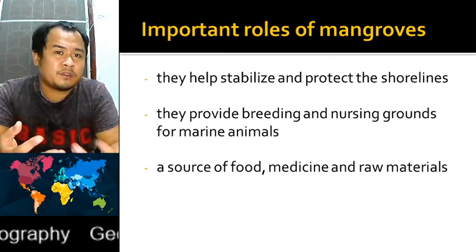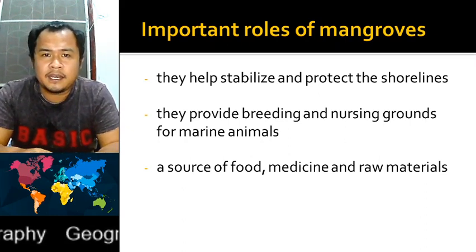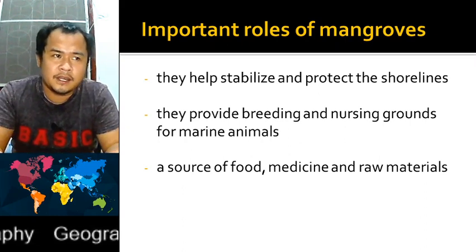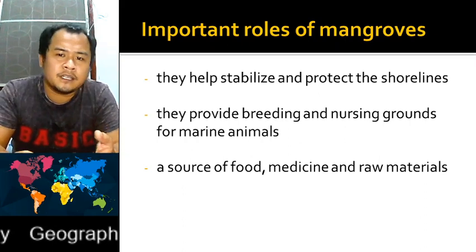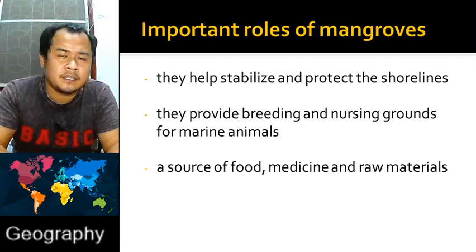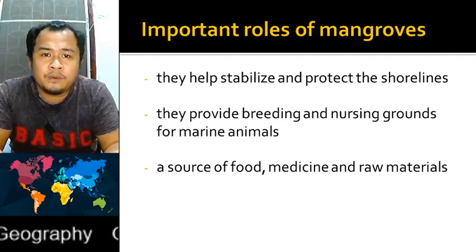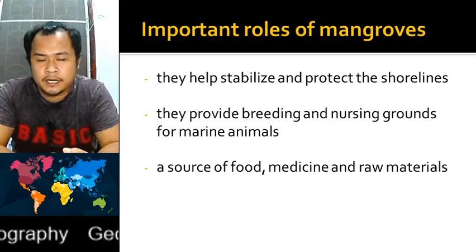Some people would use the roots and the leaves as medicine for certain types of illnesses, and of course the leaves and the trunk and the other parts will serve as raw materials in creating chairs, as a fuel as well, and many other uses. So mangroves are very important.